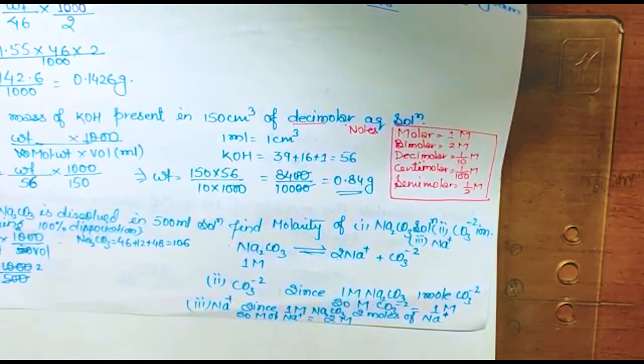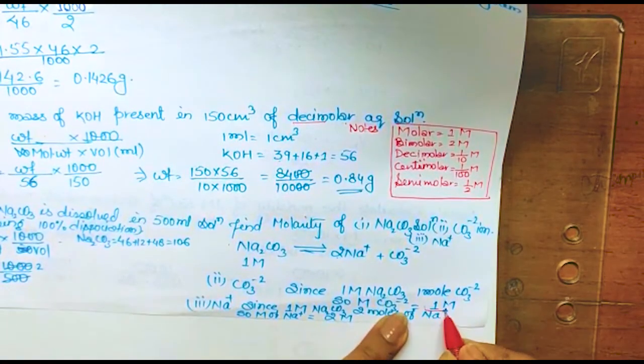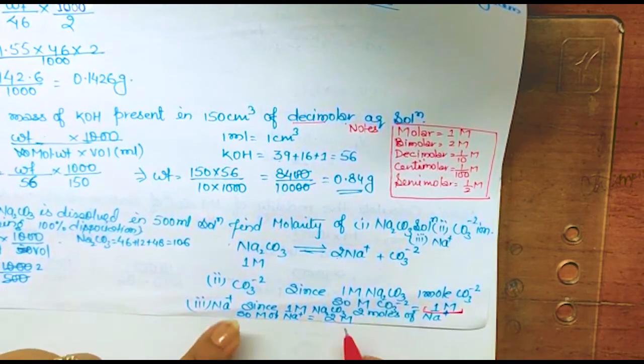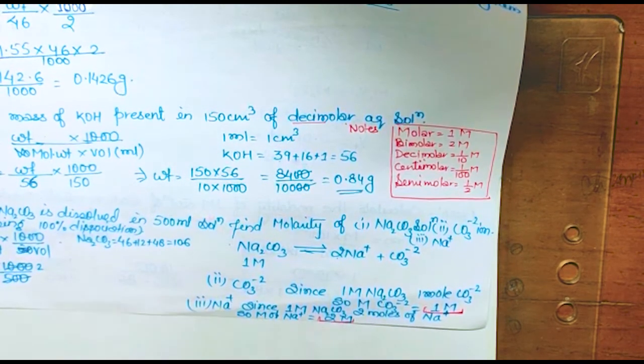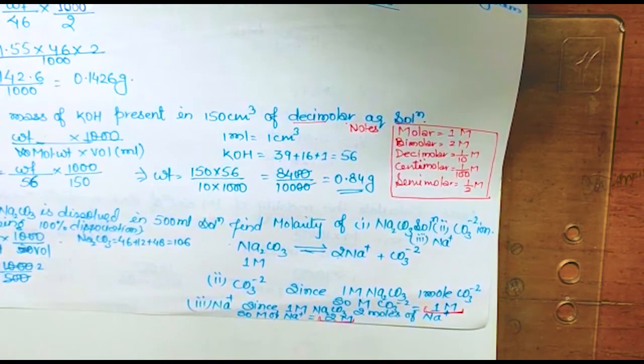Clear? So carbonate molarity will be 1M and Na plus molarity will be 2M. Any doubt in this? Hope all this concept is clear, and as much as you practice, you will become an expert in this. So there is nothing to worry.